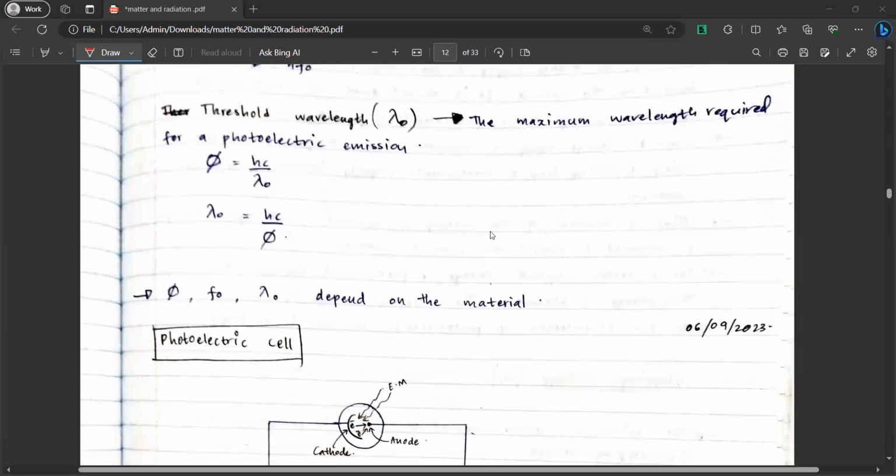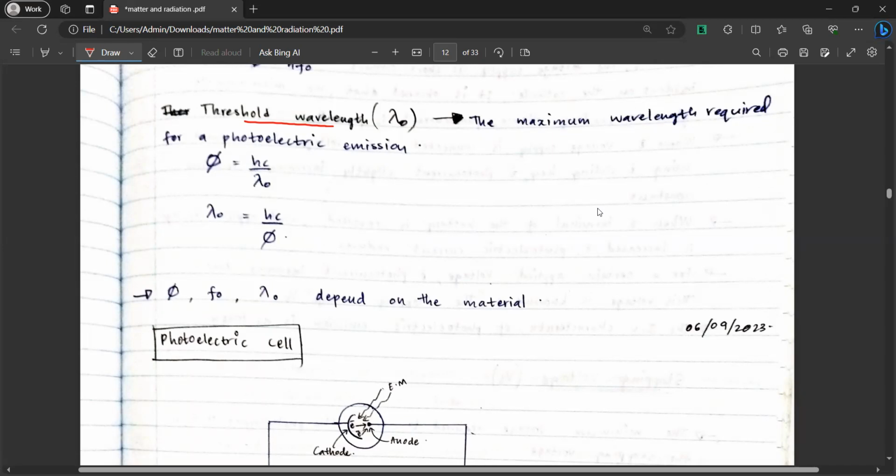Then we have the equation for threshold wavelength. That is the maximum wavelength required for a photoelectric emission.